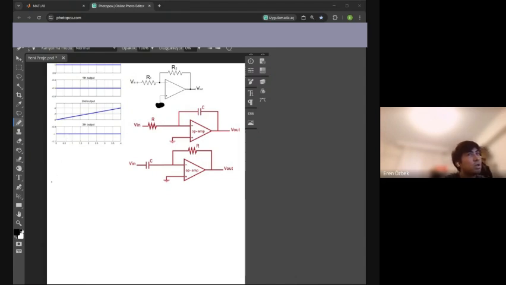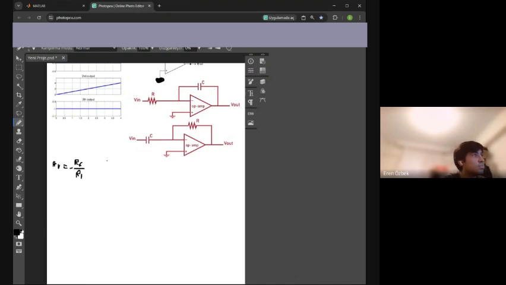Therefore, this stage is an inverting amplifier. To find the gain, let R1 be the input resistor and RF the feedback resistor.